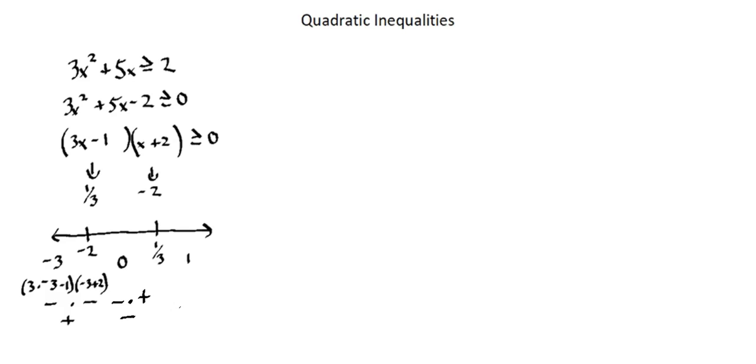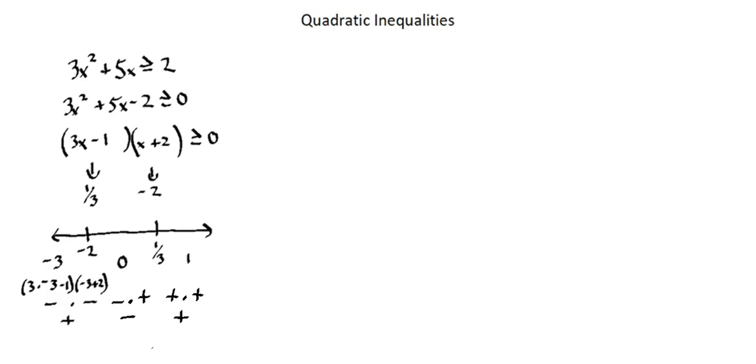Let's do the same with our third test point, 1. 3x minus 1, 3 times 1 minus 1 will give us a positive, multiplied by x plus 2, which is 1 plus 2, which is positive. Positive times positive results in positive.